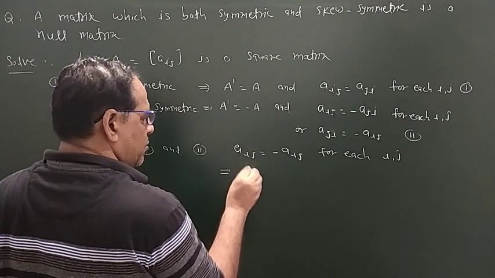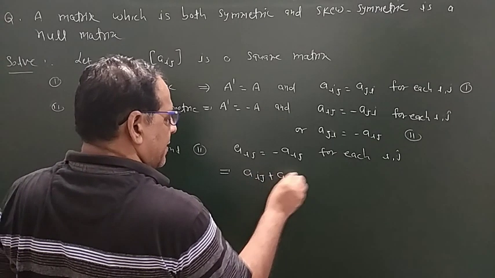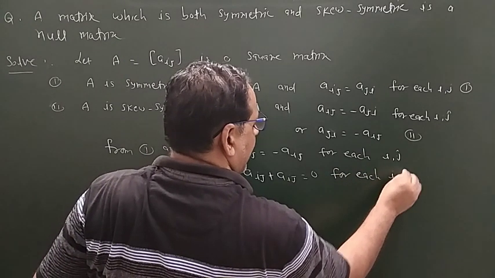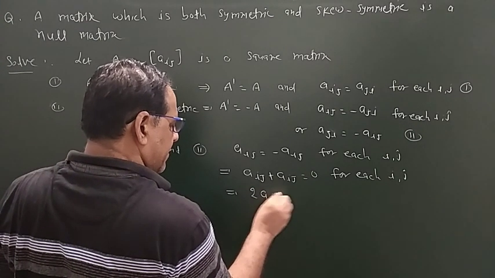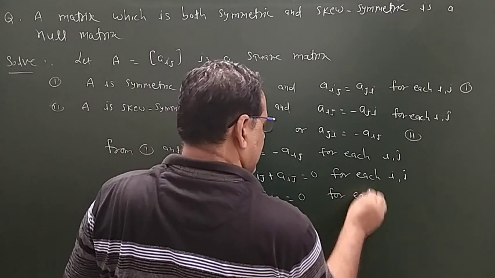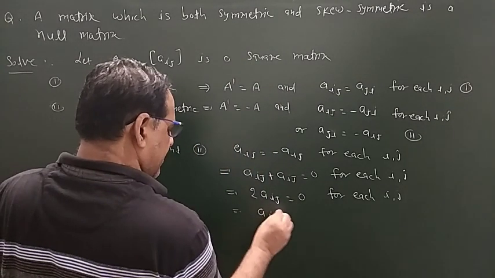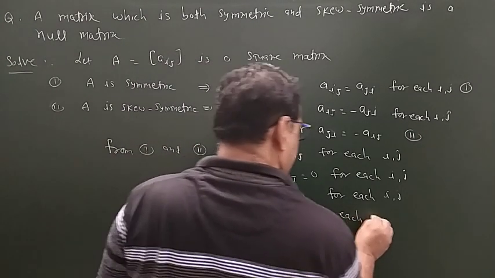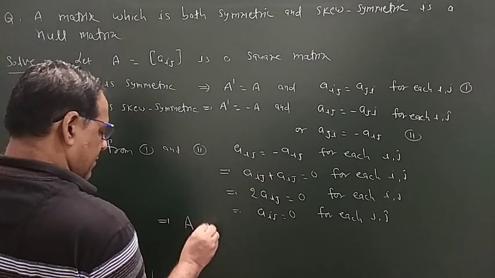Transferring this, we have Aij plus Aij equal to 0 for each i, j. This implies that 2Aij equal to 0 for each i, j. That means Aij equal to 0 for each i, j. This implies that A is a null matrix.